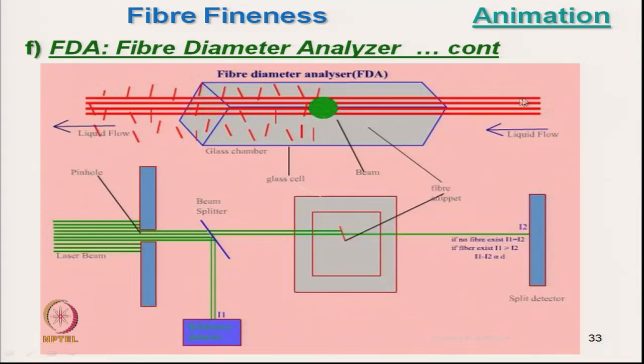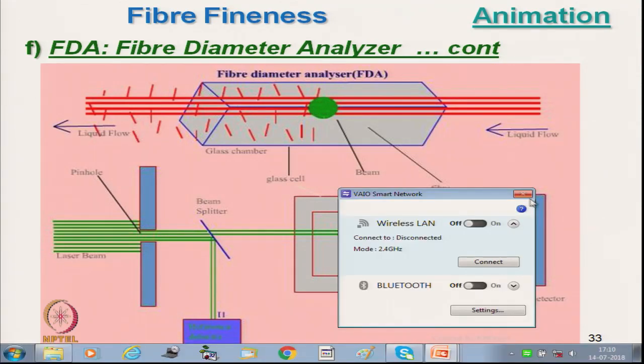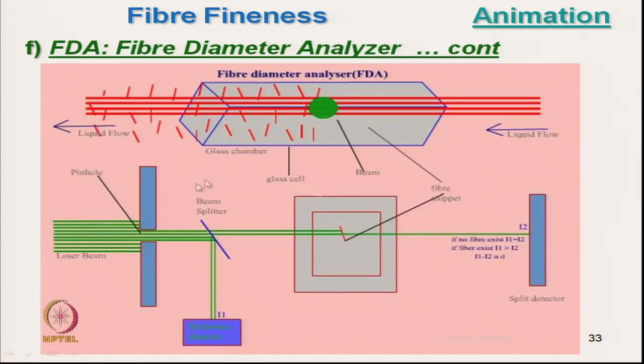The fibers are moving with the slurry, with the liquid flow, in this direction, and the light beam is in the other direction. You can see this is the light beam at right angle.